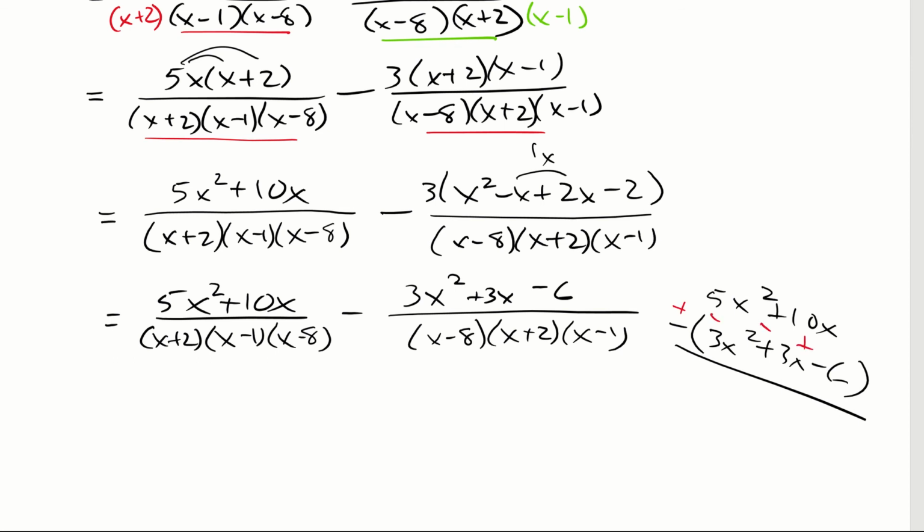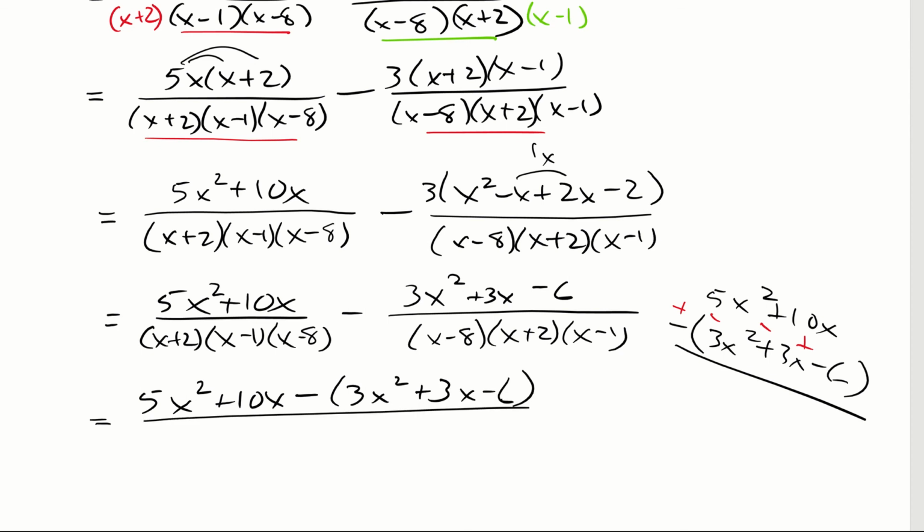Or you could simply go, what I've got is 5x squared plus 10x, and then minus all of this, 3x squared plus 3x minus 6. Downstairs, which one do you want to write it in? That's a common denominator, and I should have done that first. Common denominator, x plus 2, x minus 1, x minus 8. Doesn't matter which order.